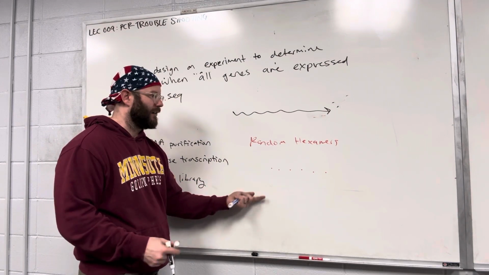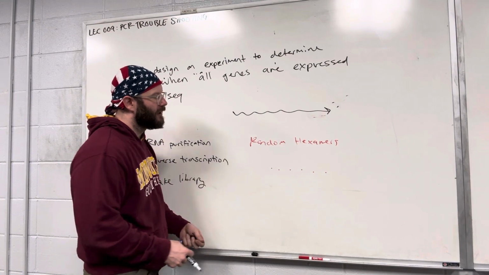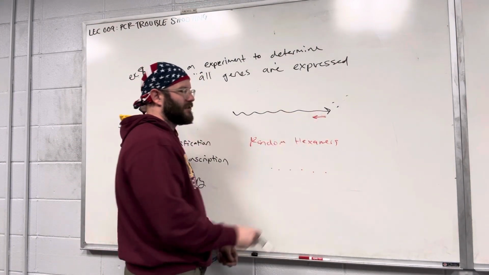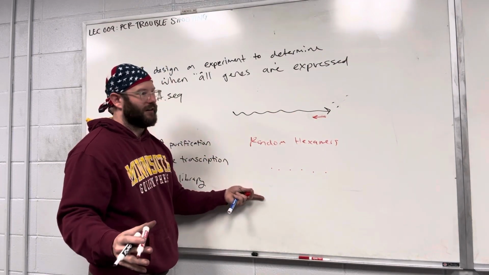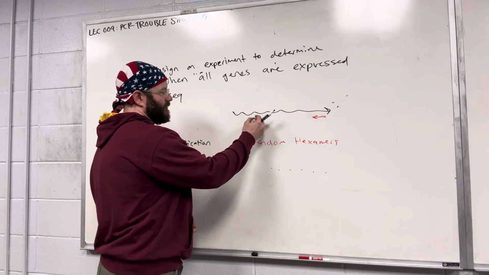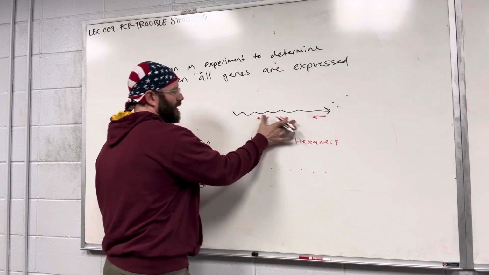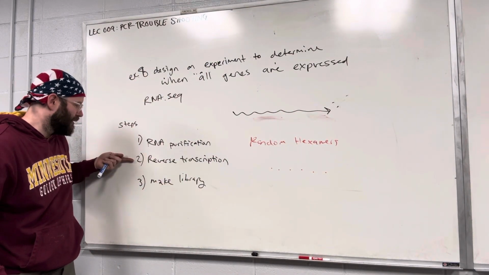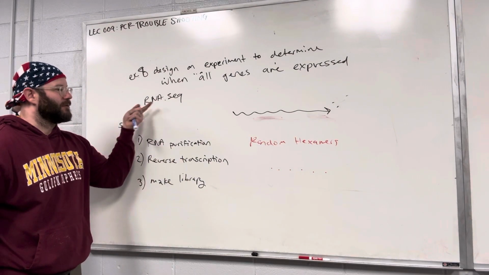So random hexamers is just an assortment of random primers that distribute across all the RNA and bind to different RNA transcripts at different spaces. That's one source of primers that can give you the reverse transcription to sequence all genes.